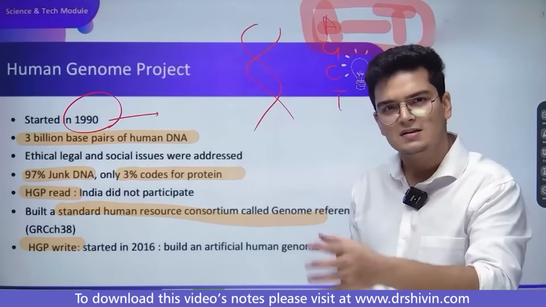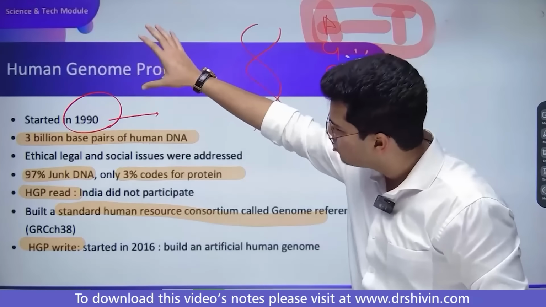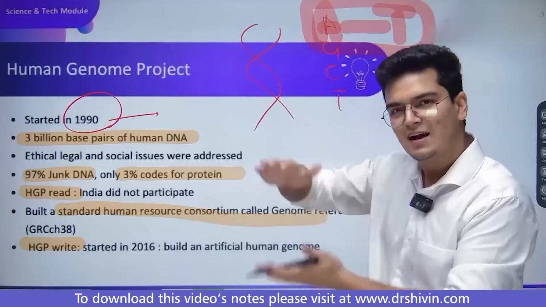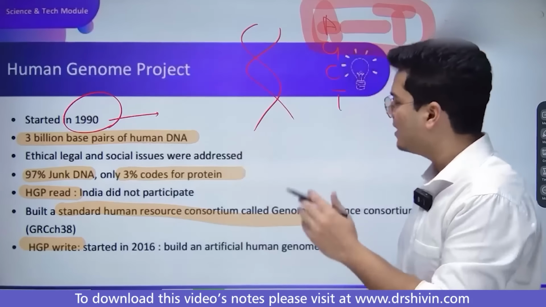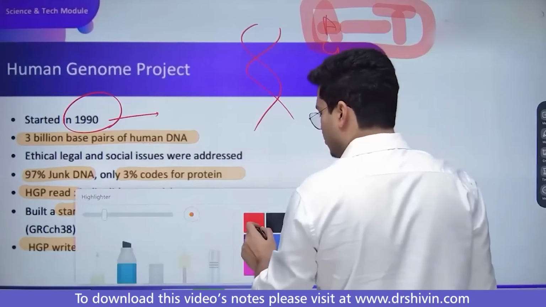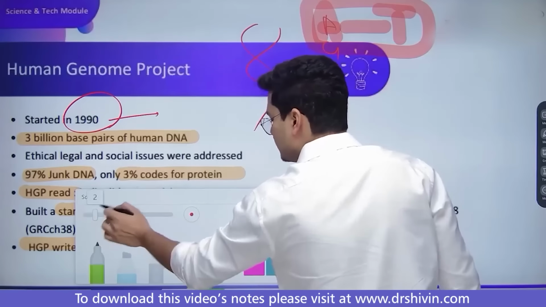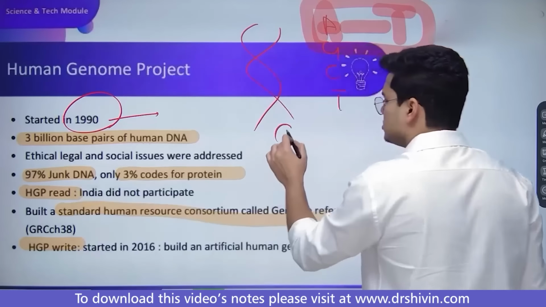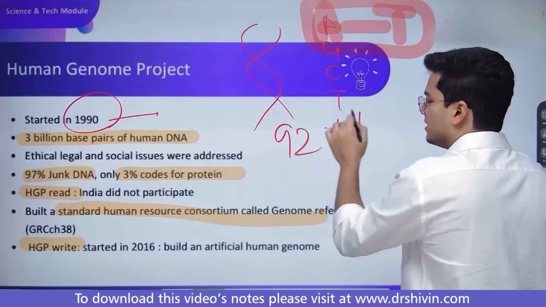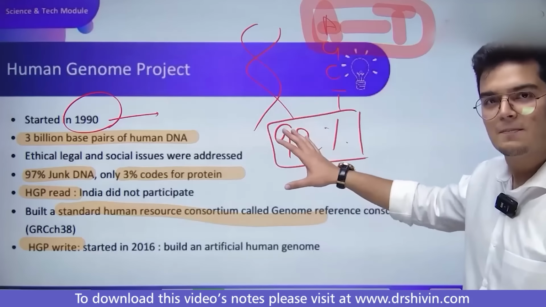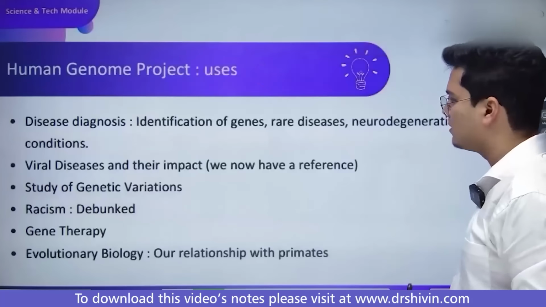Then we can see how drugs act on it. So this genome project wanted to see the entire genome, the entire sequence, but it was unable to do that. It was only able to see 92%, not the complete genome. The 8% was left, right?